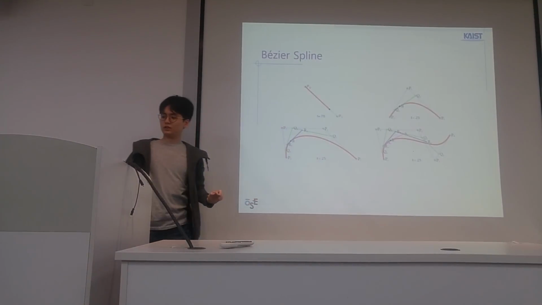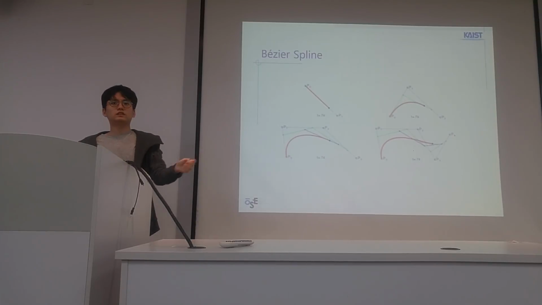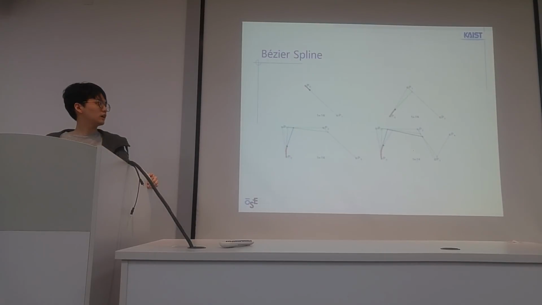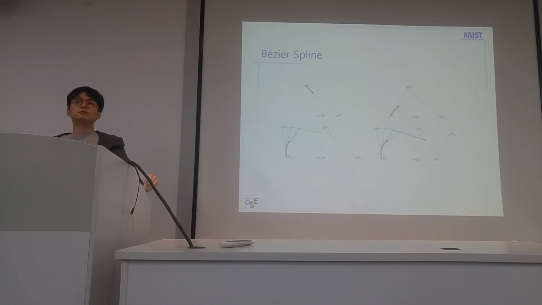So the spline will be drawn this way. This method needs about n squared complexity, so it is hard to show a complex shape when there are too many control points.